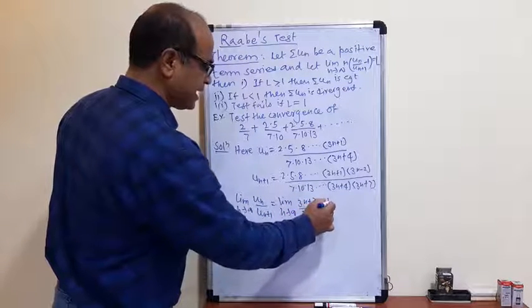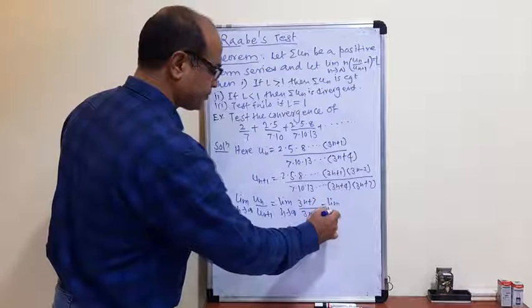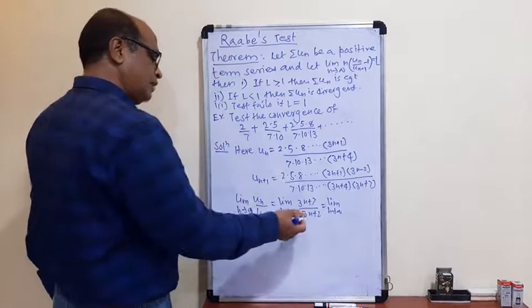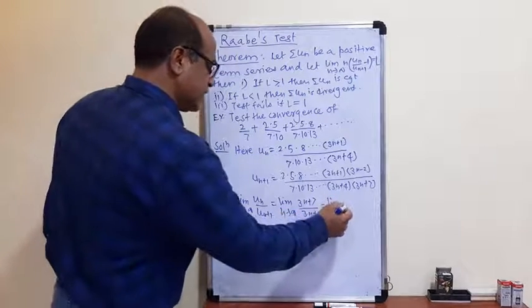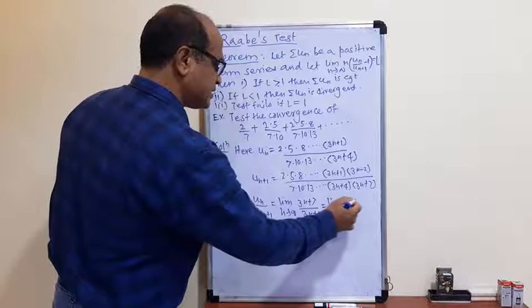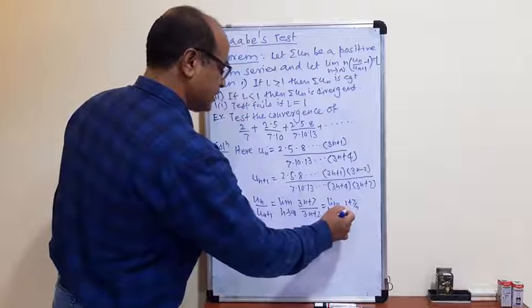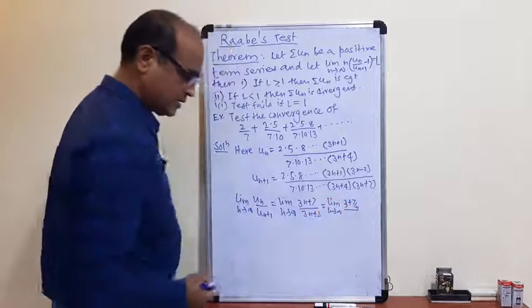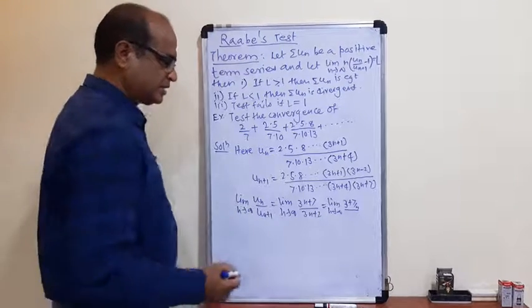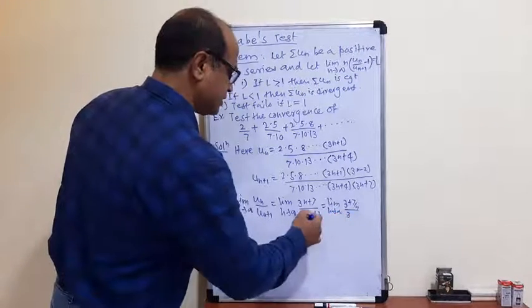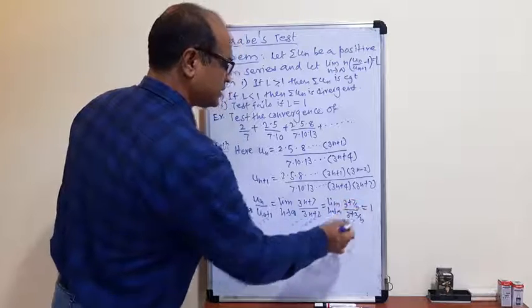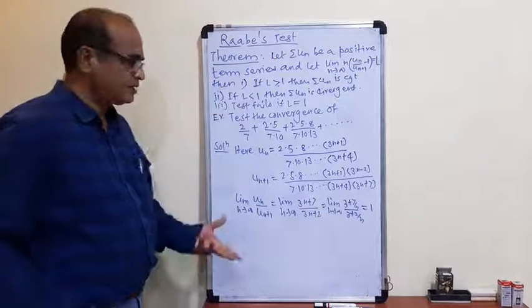Dividing the numerator by n and the denominator by n, we get 3 plus 7 by n over 3 plus 2 by n. So the limit is 3 by 3, that is 1 here.